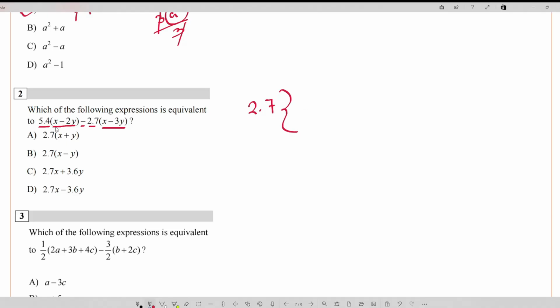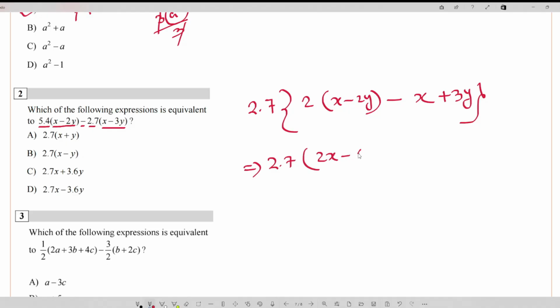So in this case we can take 2.7 common, right? 5.4 divided by 2.7 will be 2, right? Then x minus 2y, then minus, we already took 2.7 common, so here is only x minus and minus, plus 3y. Okay, so look, here is 2.7 times (2x minus 4y minus x plus 3y).